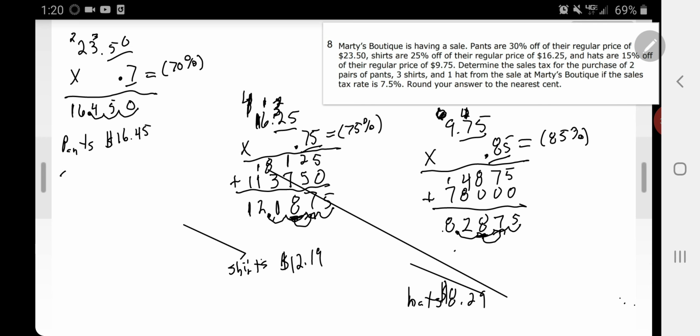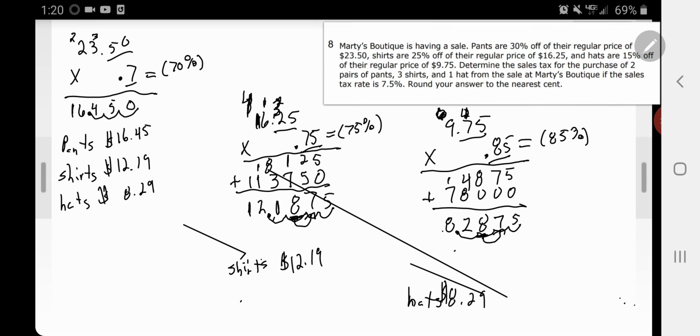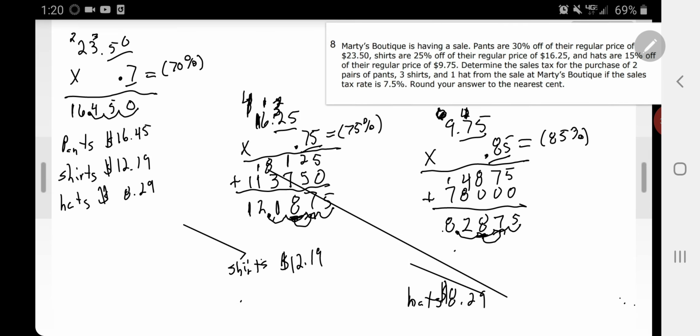All right, bear with me real quick. I'm gonna write this down over here, give myself some more room. Alrighty. And then more real quick, sales tax. All right, I wrote these numbers down, but let me see.